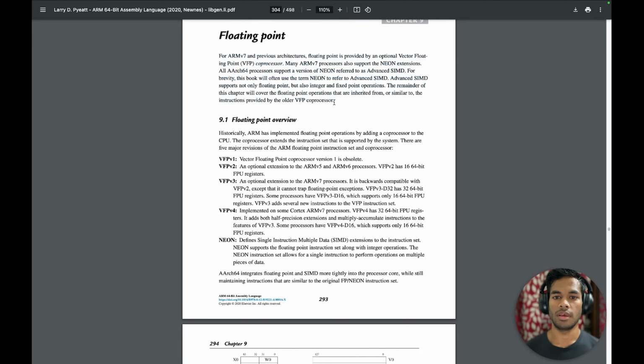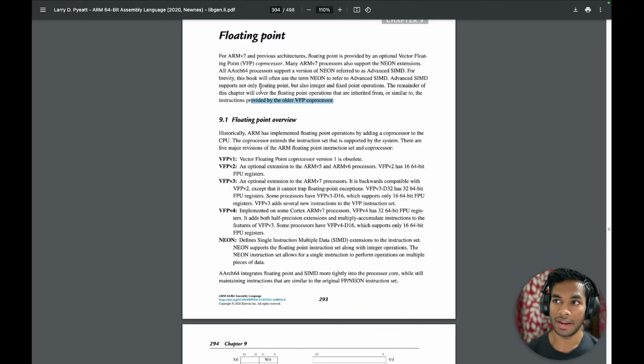For example, there is a processing unit which can perform the same instruction, for example fetching, storing, addition, subtraction, multiplication, division, on multiple data points at the same time.